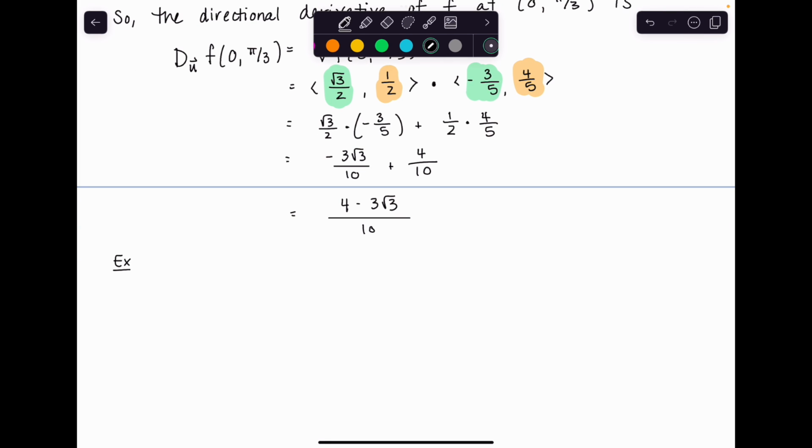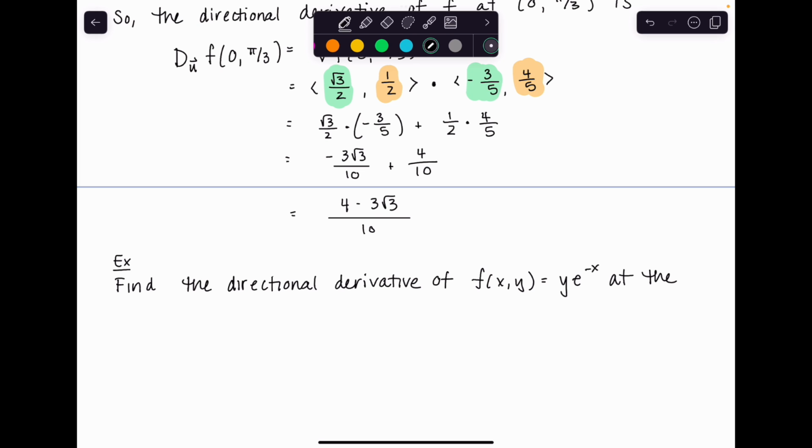We're going to find the directional derivative of f, which is the function y e to the negative x, at the point (0, 4) in the direction of theta, which is 2 pi over 3.